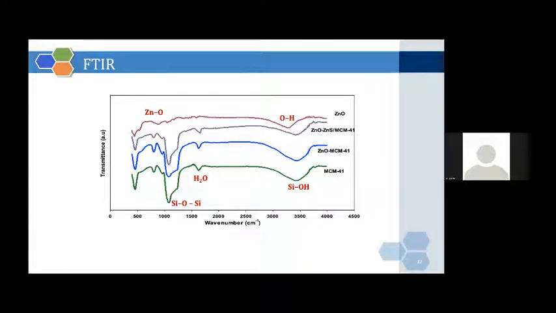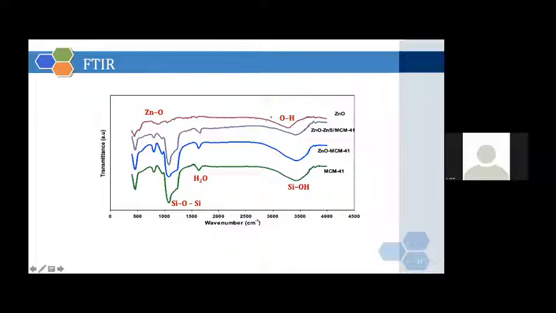As FTIR is an important technique for recognition of functional groups, we studied it. In this slide, we found that for MCM-41, there is a silanol group at 3,500, and this is a water group, and this is a silicon-oxygen-silicon group.